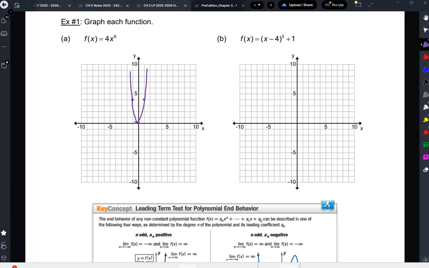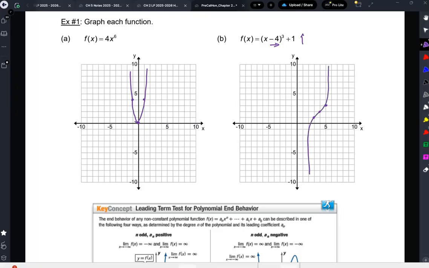And then this one is a cubic function, shifted right 4 and up 1. And it's a cubic function, meaning if I go over 1, I go up 1 cubed. If I go over 1 the other way, I go down 1 cubed. So this is what this is going to look like.